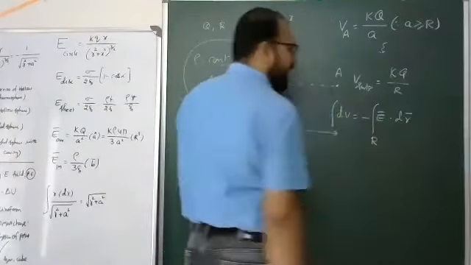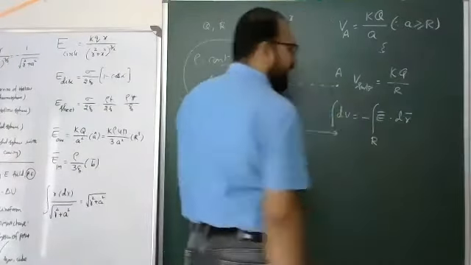This Vs I am setting on that side. r dr gives r square by 2. So now Vs minus rho by 3 epsilon naught into r square by 2, with limits b square minus R square. So that's b square minus R square by 2.